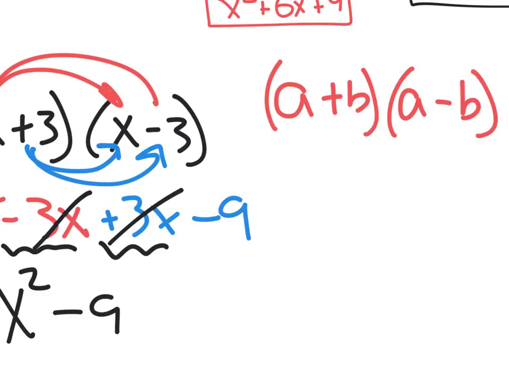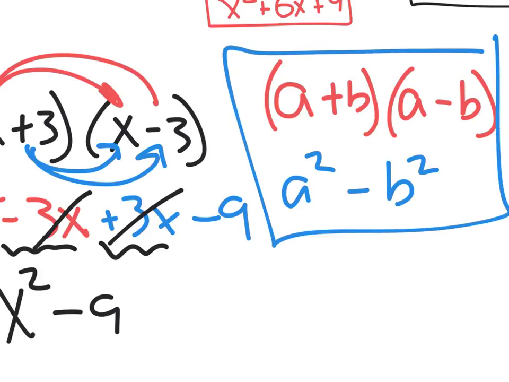So all you have to worry about is doing the a times a, which is the a squared part, with the minus sign in between, and the b times b at the end, which would be the b squared part. So the middle terms always cancel out. So this one does come in handy. The first pattern I don't use so much. This one, yeah, I always use this one. If I know that I have a binomial with the same exact binomial but with the sign change in the middle, I know that those middle values will cancel out when I combine like terms.